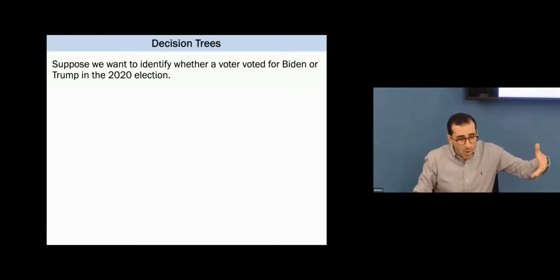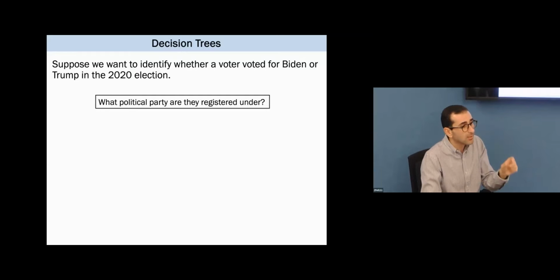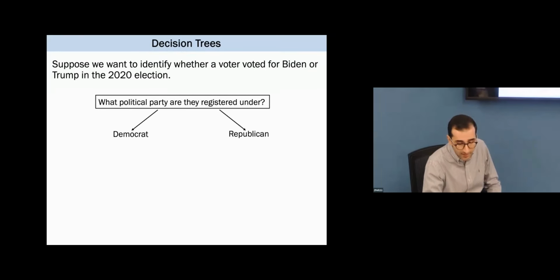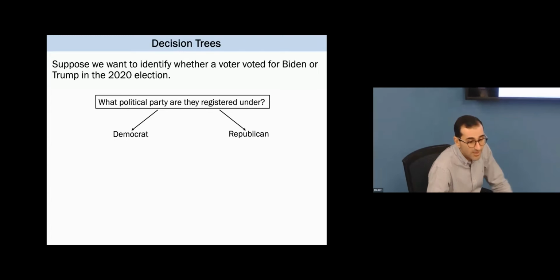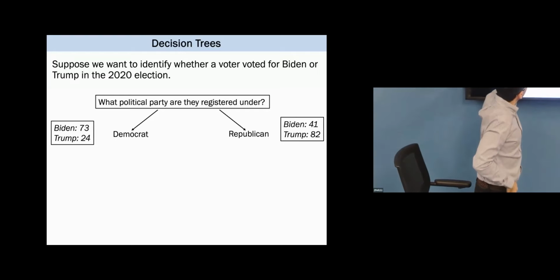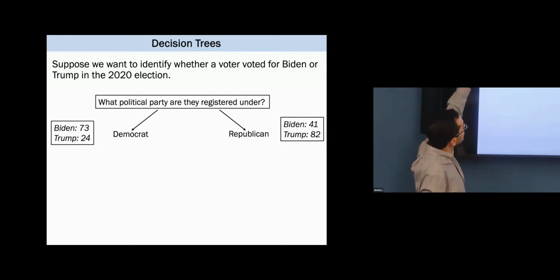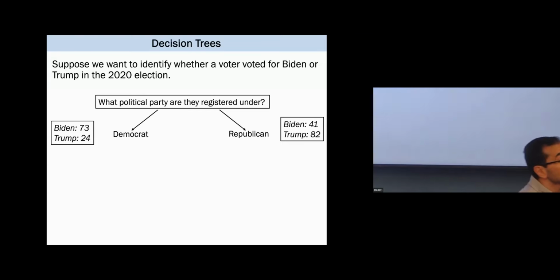Then what the decision tree algorithm will do is first choose the variable that splits the data better. So here, for example, if we choose the political party as the first variable, then in our data set, we're going to observe, let's say, that for the people that are Democratic, 73 of them vote for Biden, 24 vote for Trump, and then for the Republicans, let's say 41 voted for Biden, and 82 voted for Trump.